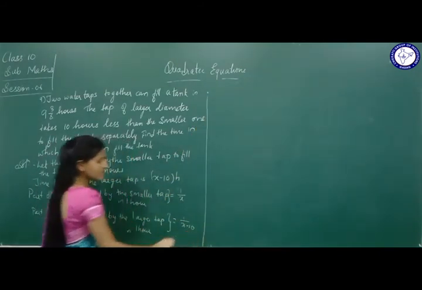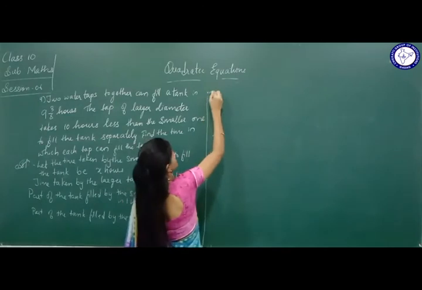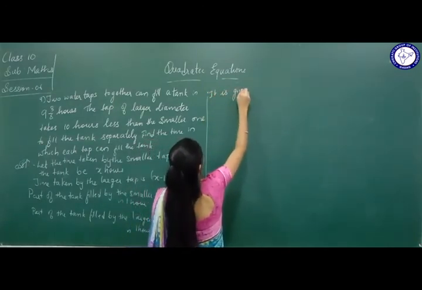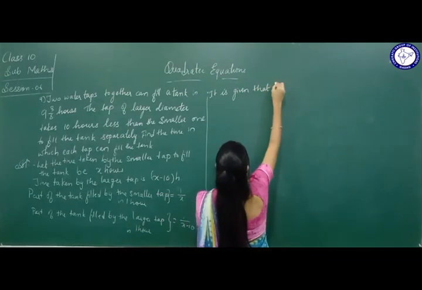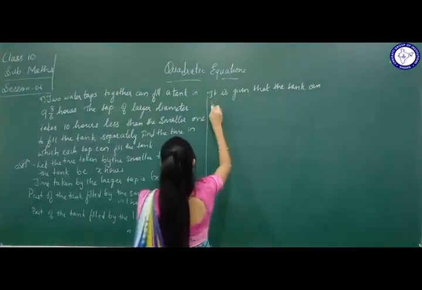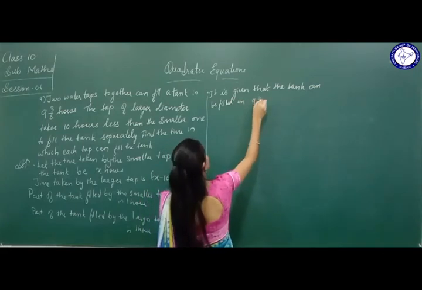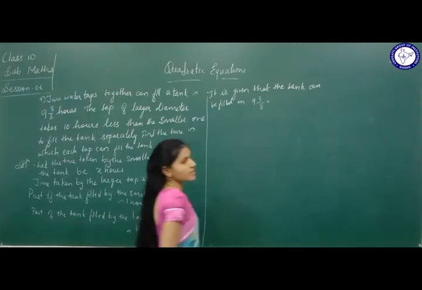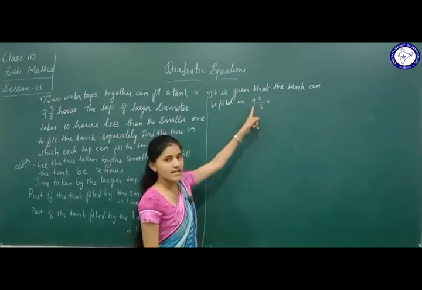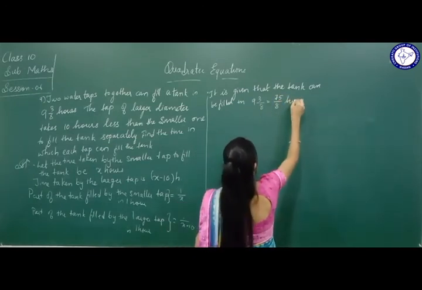Okay. What next we are going to do? They have given that the tank can be filled in 9 whole 3 by 8, means how we are going to do? 9 8s are 72, 72 plus 3, 75 by 8 hours.